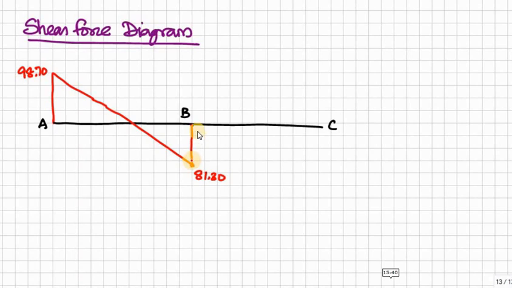From 81.3 it will go up to meet point B. 81.3 is the reaction at BA, okay, BA reaction, and similarly BC reaction 24.47. Then at C we have 47.36. But in between we have the point load of 72 kilonewton. Therefore 24.41 plus 47.30 is 72. So this is the shear force diagram.